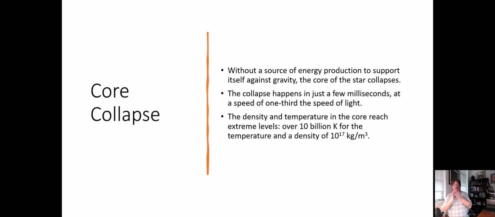And the amount of energy that is generated is very, very high, because the density and temperature of the core at this point are over 10 billion Kelvin with a density of 10 to the 17 kilograms per cubic meter. That is 15 orders of magnitude more dense than water.